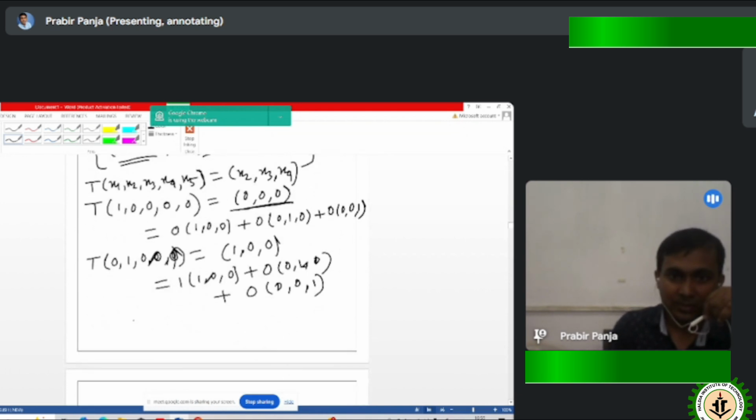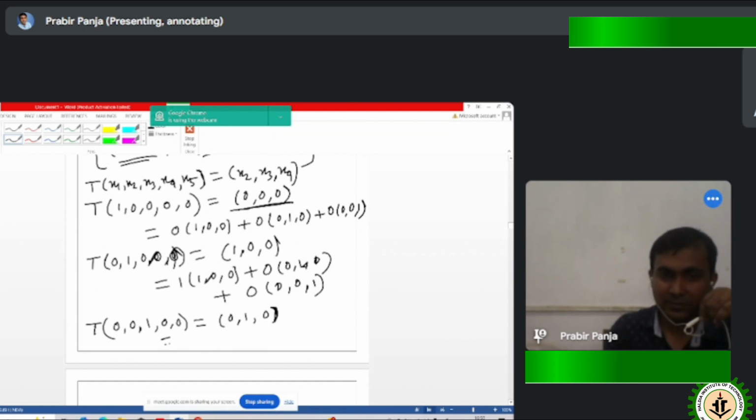Now if we take the third element from the basis set of R5, it will be 0 0 1 0 0. So its image will be 0 1 0. Again, we'll write it as a linear combination of the vectors of R3.